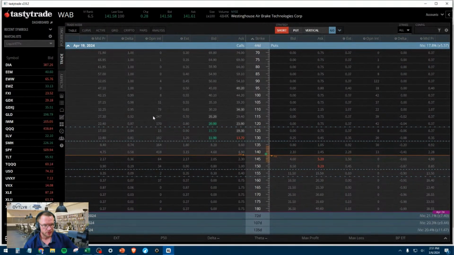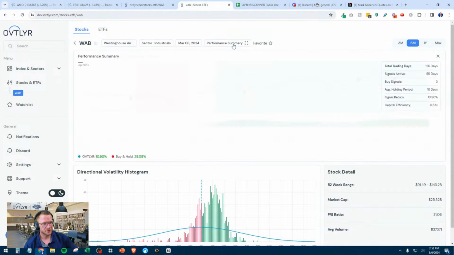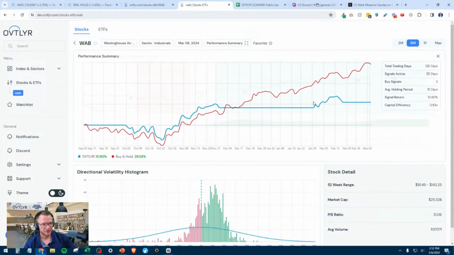This one would work, 92 delta, but it's $4 wide? No. This one's only a 58 delta. It's 30 cents wide, but it's mostly extrinsic. It's like 2/3 extrinsic. So I'm not going to go there. Just curious, what does their performance summary look like? Positive expectancy, 1090.